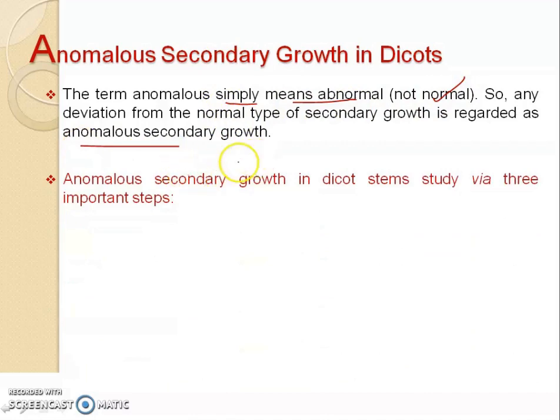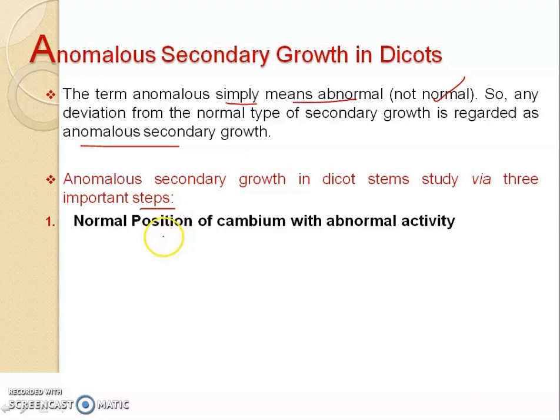Anomalous secondary growth in dicot stem is studied via three important types. First one is normal position of cambium with abnormal activity. This means the position of cambium is normal, but its activity is abnormal.